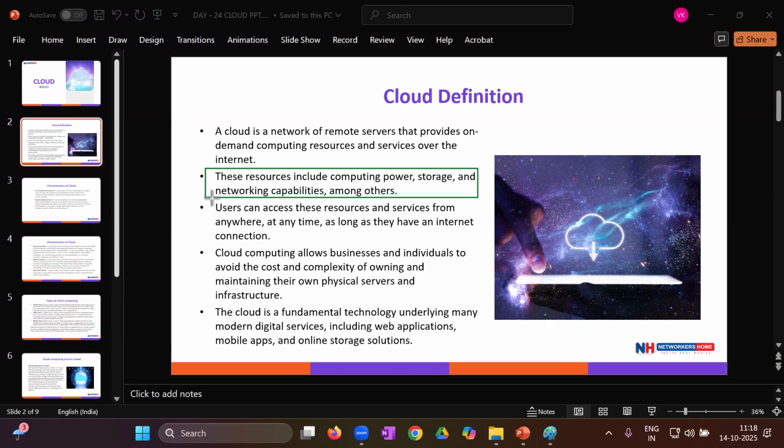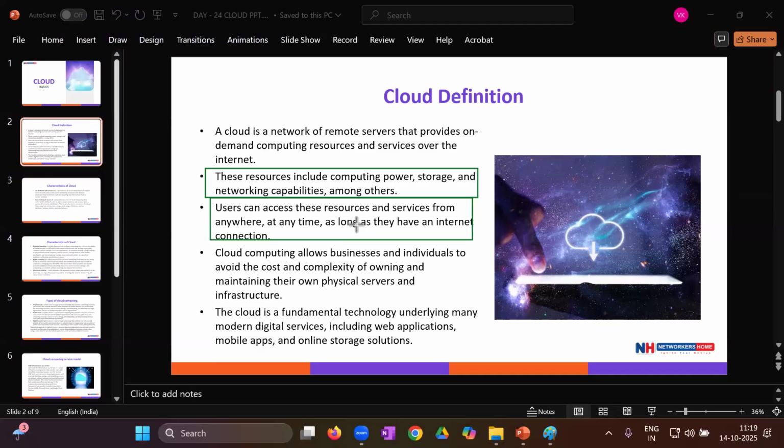One more advantage is that users can access these resources and services from anywhere at any time, as long as they have an internet connection. If we have a server, we can access that server from anywhere. What is required is just net connectivity.